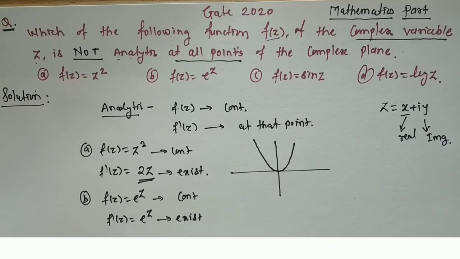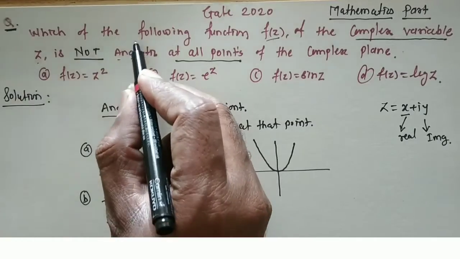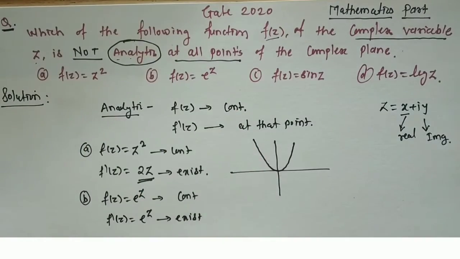The question may ask which of the following functions is entire instead of analytic also. So entire functions are e raised to z, sin z, cos z. So remember this also with this problem.